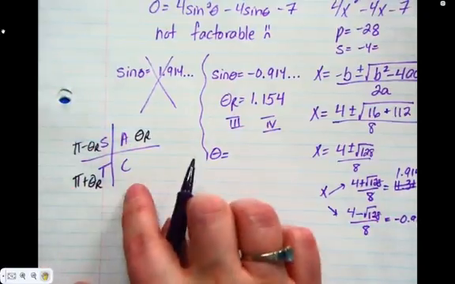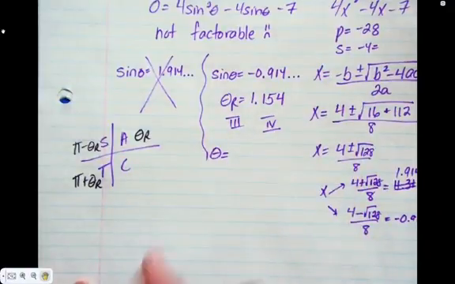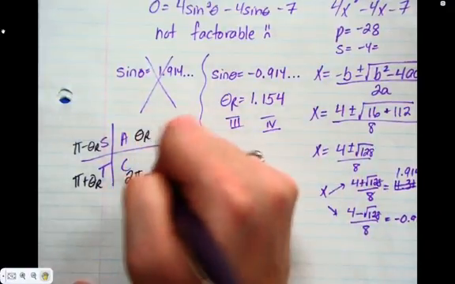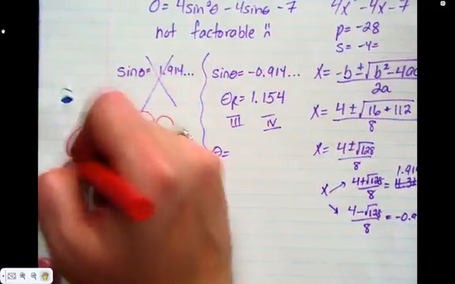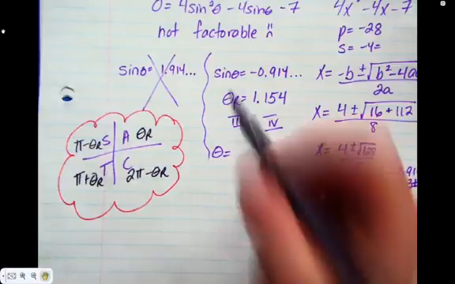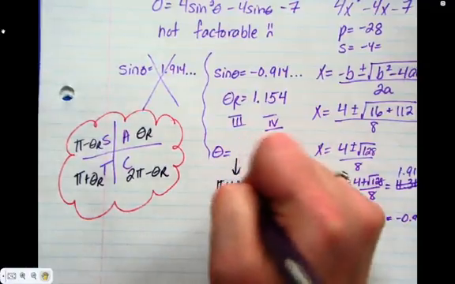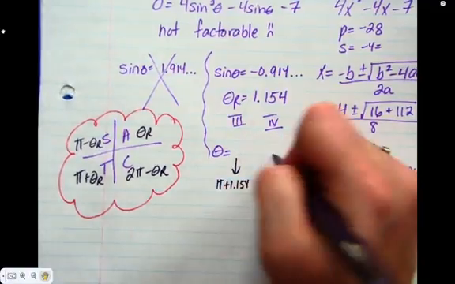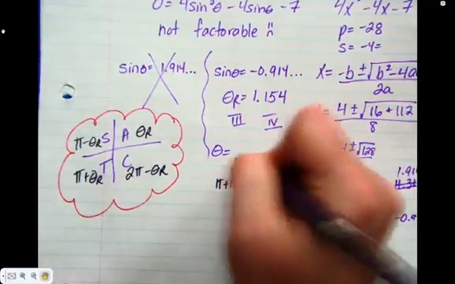And in quadrant 4, 360 out, 2 pi minus the reference angle. Okay, so there's your little rules when you're using your calc and you're in rads. So the Q3 answer is going to be pi plus 1.154, and the Q4 is going to be 2 pi minus 1.154.